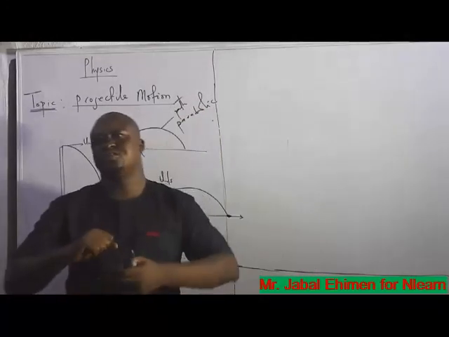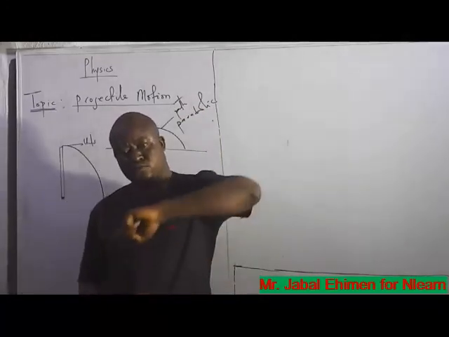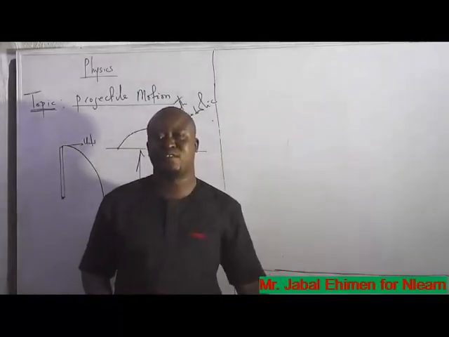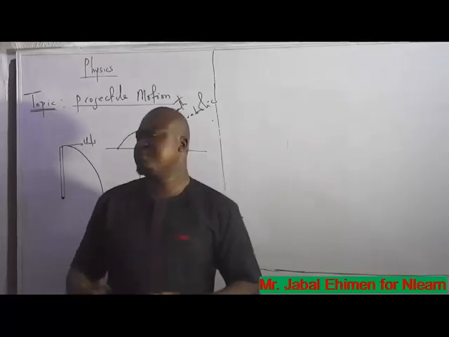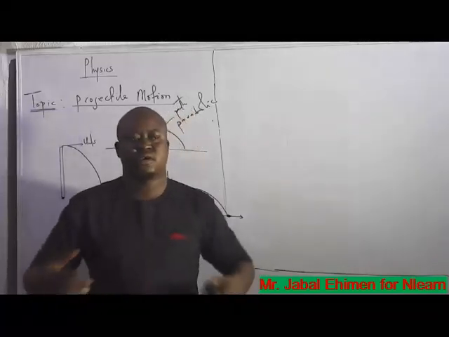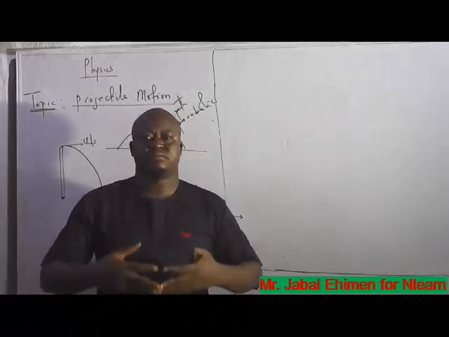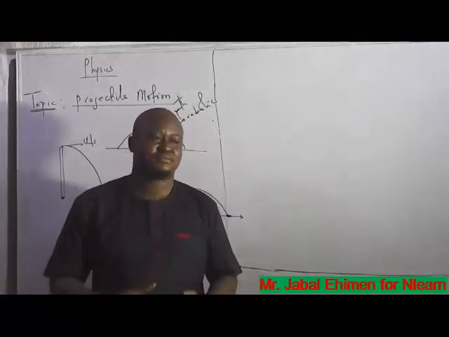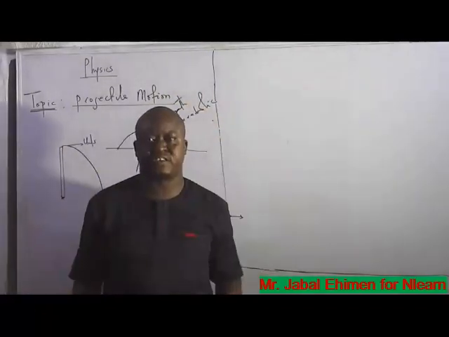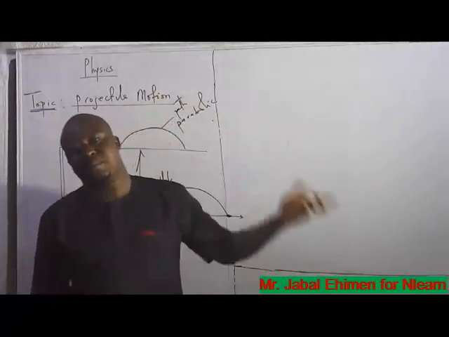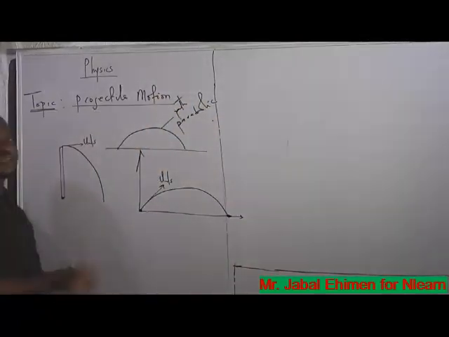Another example is you kick a ball, the ball moves in a parabolic path. Another example, those people into shot put, or high diving, taking off from a certain height and jumping down, it's projectile, because when they jump, they pass through a parabolic path, which tends to become a trajectory.